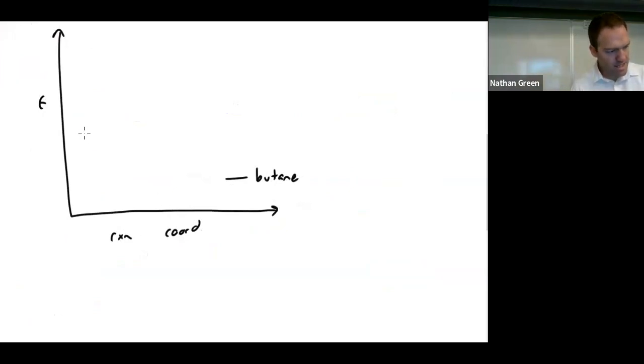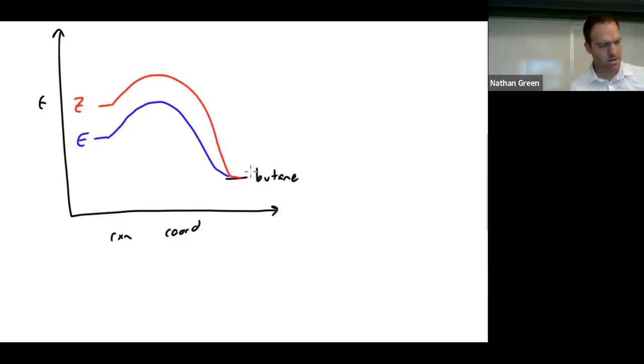On my E alkene, I went from here over some activation barrier to make the butane. For my Z double bond, I started up here and went over a barrier to make that. So my E double bond didn't fall as far as my Z double bond did. And that energy difference can be measured by the heat coming off of the reaction.